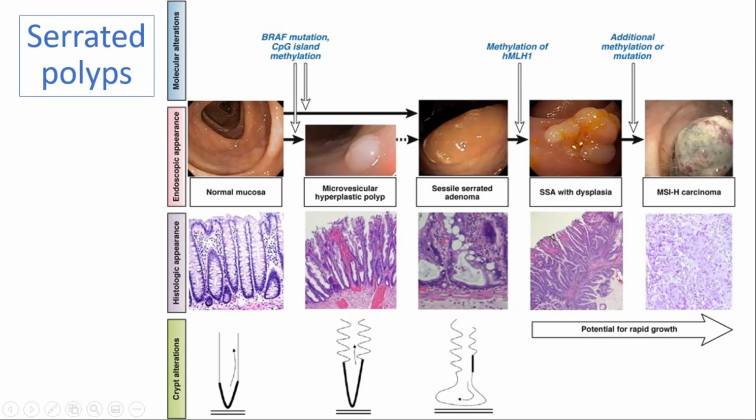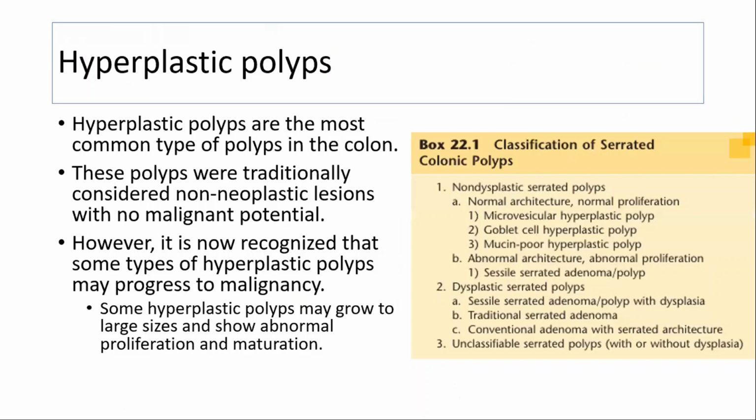Again, just to show you that they can have some molecular alteration. When we talk about serrated polyps, they can have BRAF mutation and CIMP mutation with methylation of MLH1. That's why it leads to microsatellite instability. This is one part of the sequence we will discuss later.